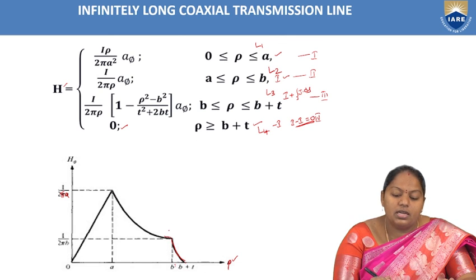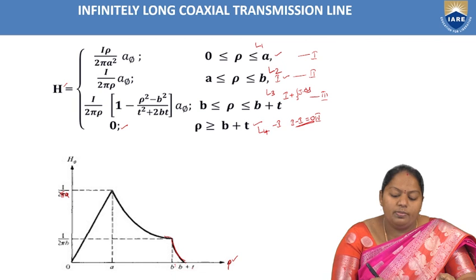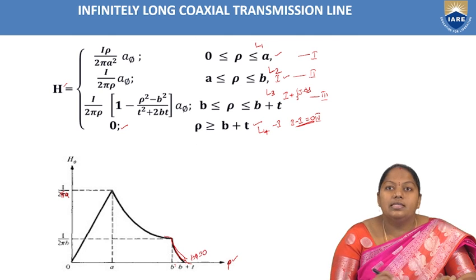In the third case, B to B plus T, the relation is also inversely proportional, and it is a decaying curve. In the fourth case, rho greater than or equal to B plus T, the H-phi component won't exist, hence H-phi is equal to 0.